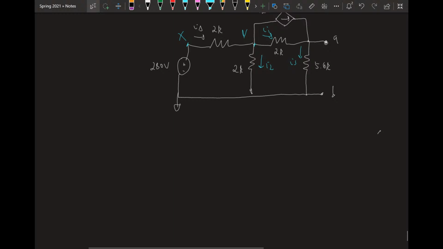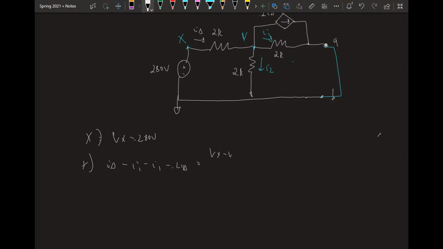I delta is still Vx minus Vy over 2000. I2 is still Vy over 2000. I1 has changed, actually. So now, this is ground, right? Va is ground. So it's just going to be Vy over 2000.